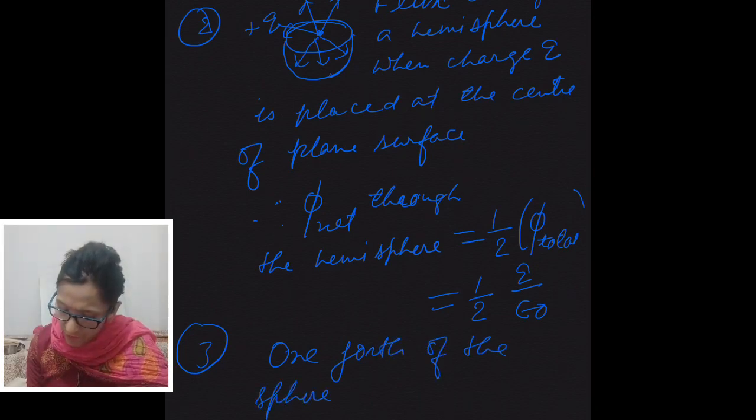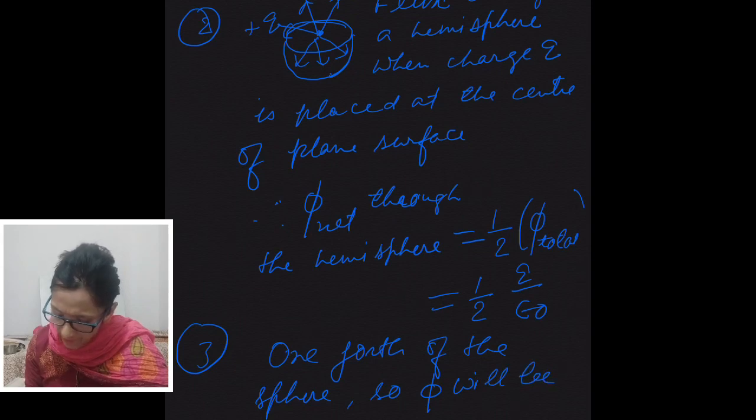So for 1/4 of the sphere, flux phi will be 1/4 Q upon epsilon naught.